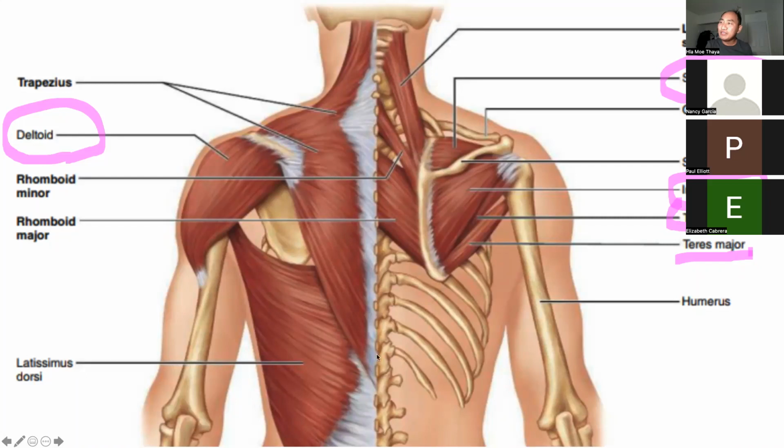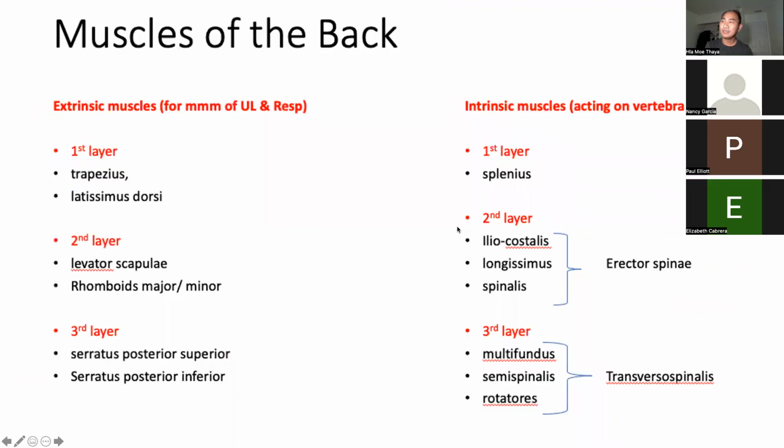And if we remove the first layer, we will see the rhomboids and rotator cuff muscles here. Brilliant. So the extrinsic muscles, why do we call them extrinsic? Because they originate from the back and go to the upper limb for the movement of the upper limb or for respiration. And therefore, we call them extrinsic muscles.